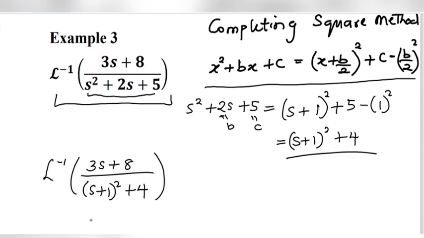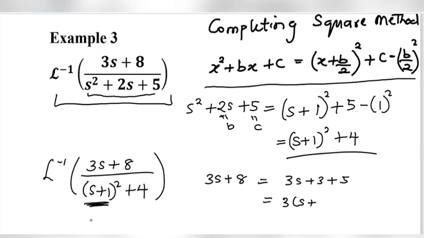Okay, and then if you look at the numerator, we want to have it in this form. So we have our 3s plus 8. This is the same as 3s plus 3 plus 5, which is 3 into s plus 1 plus 5.